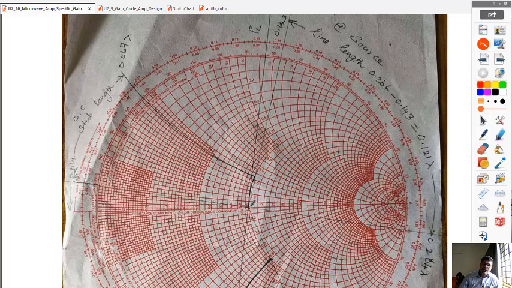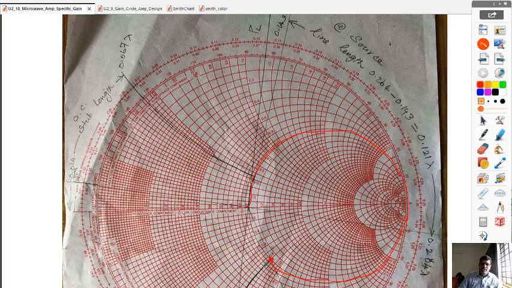Now you follow the unit circle from the middle of the Smith chart, moving this way, and you stop at some arbitrary point. I stopped here. This is my arbitrary point.